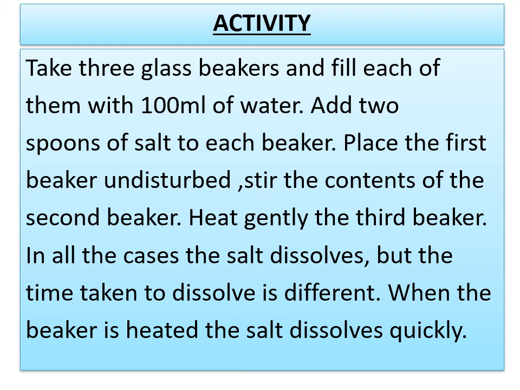Fill each of them with 100 ml of water. Add 2 spoons of salt to each beaker. Place the first beaker undisturbed. Next, stir the contents of the second beaker. Now heat the third beaker gently.